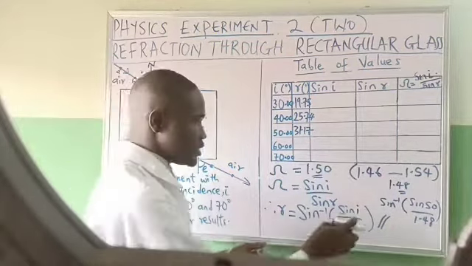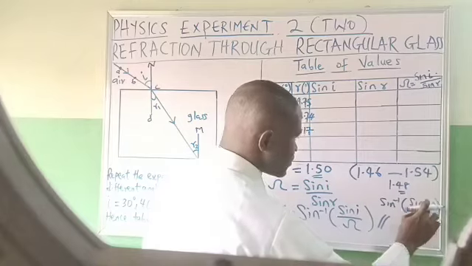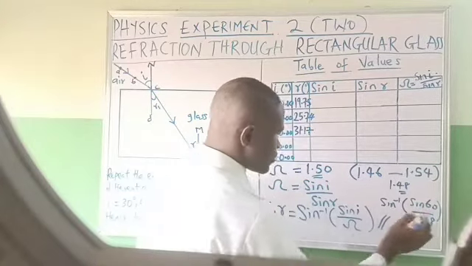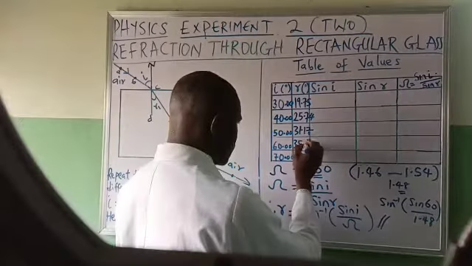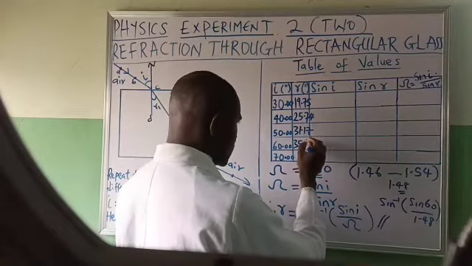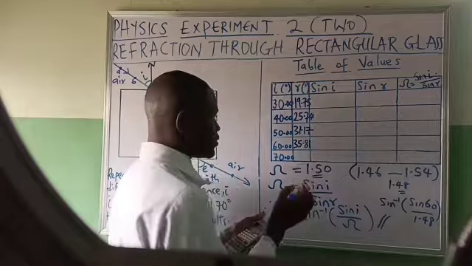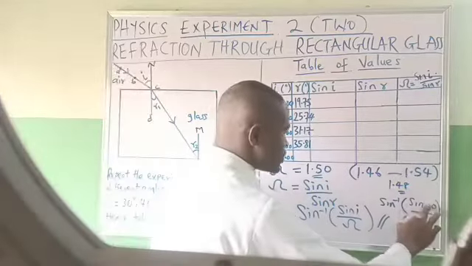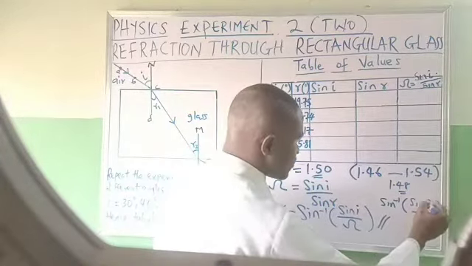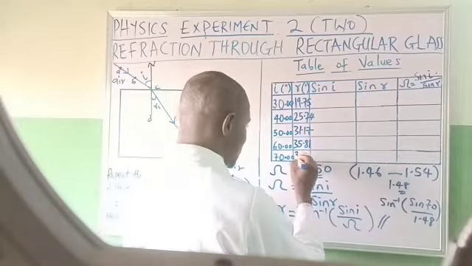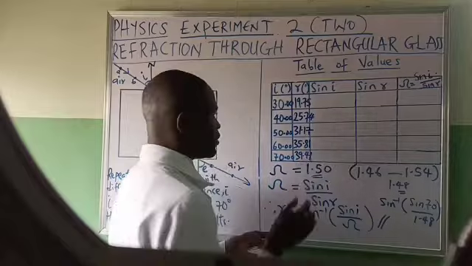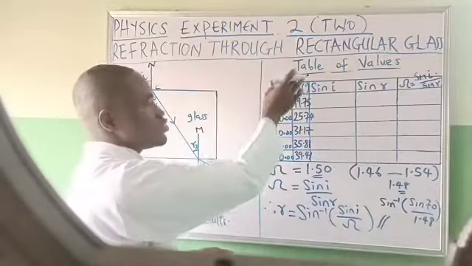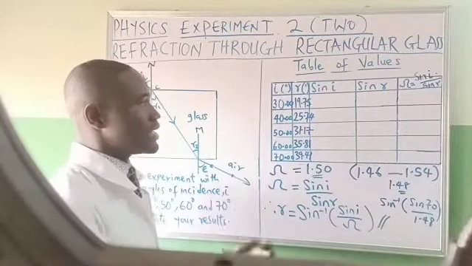I'll change the 50 to 60, that is 35.81. I will change the 60 to 70, that is 39.41. Now I've succeeded to get my r, and that is the major thing.